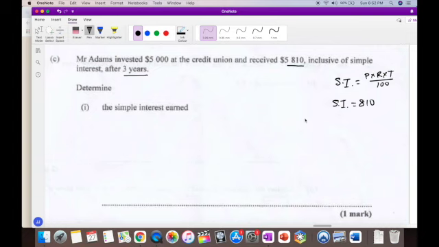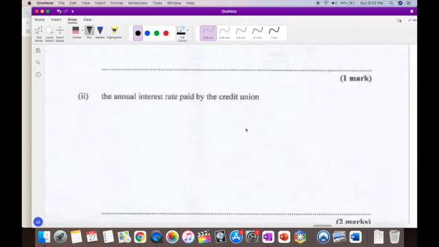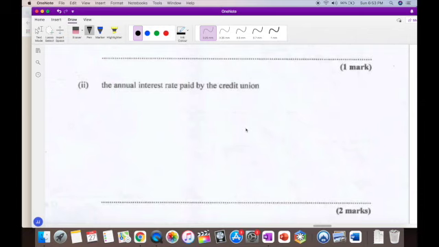So determine the simple interest earned. That is really just 5,810 minus 5,000 to give us $810.